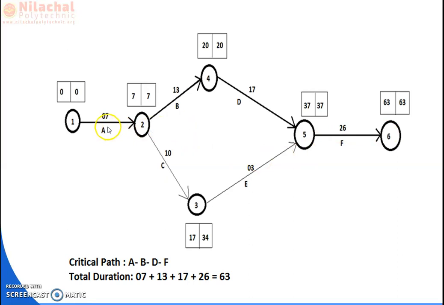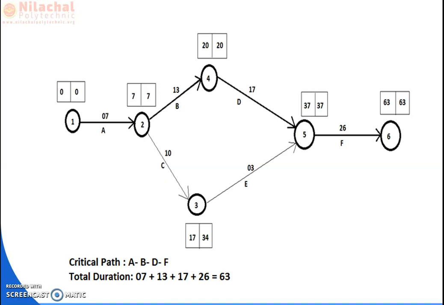We represent the critical path by the thick arrow. On the critical path 1, 2, 4, 5, 6, all the activities are critical activities.